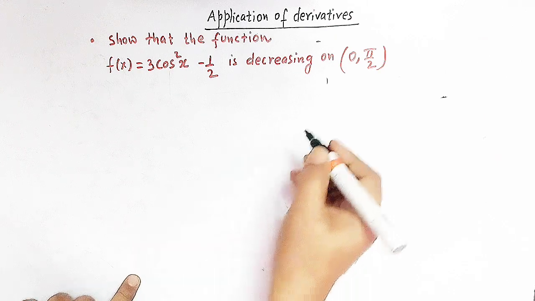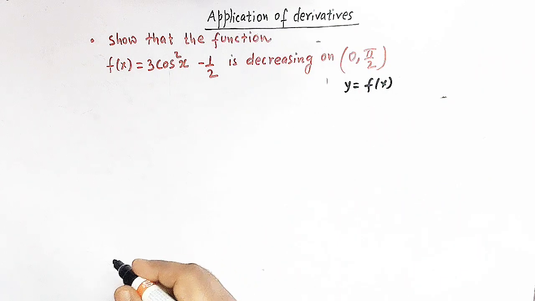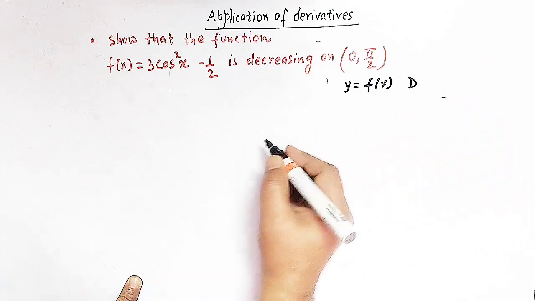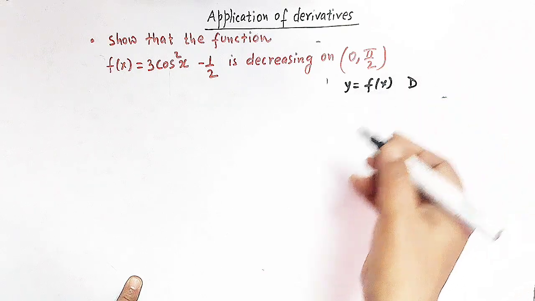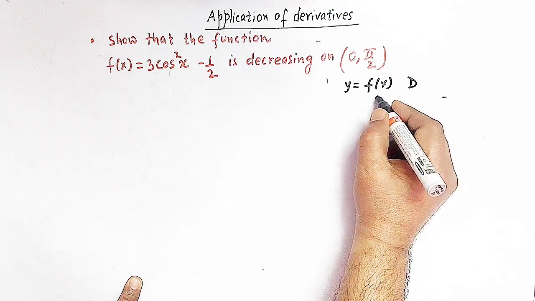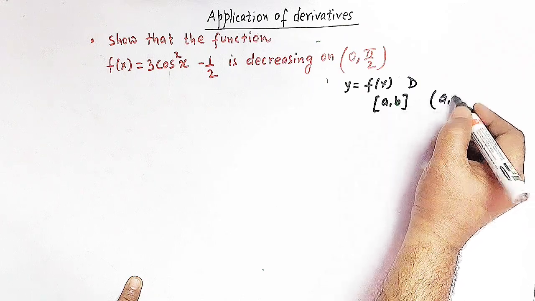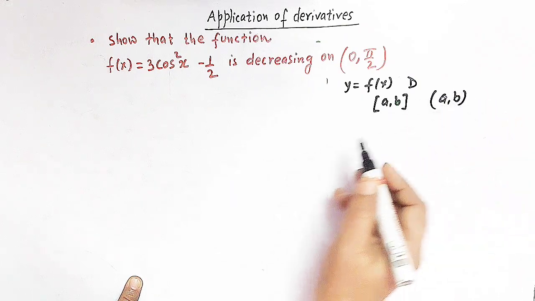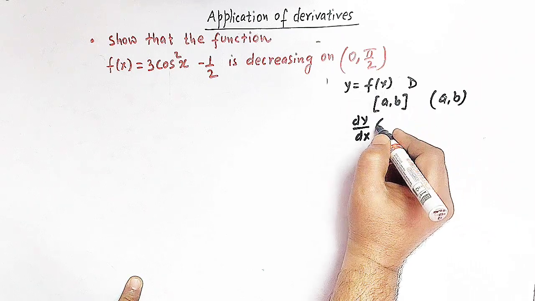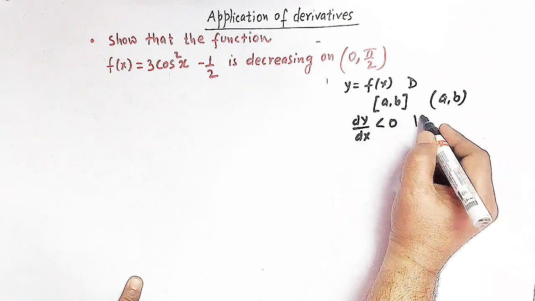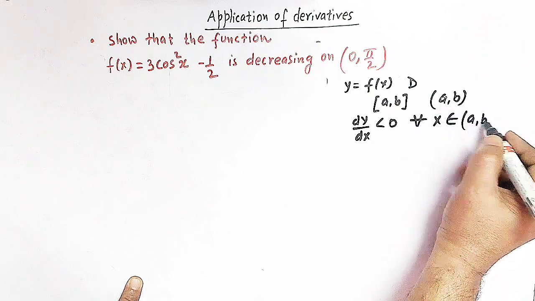We know that a function y equals f of x, defined in some domain D, if continuous in some interval a comma b and differentiable in the open interval a comma b, is said to be a decreasing function if dy over dx is less than 0 for all x belonging to the interval a comma b.